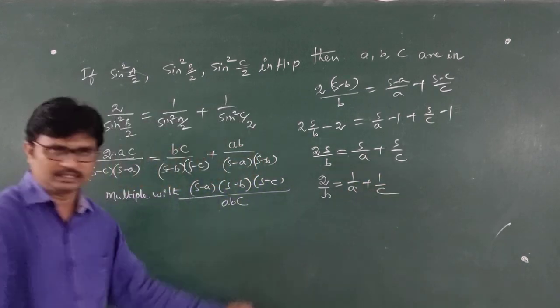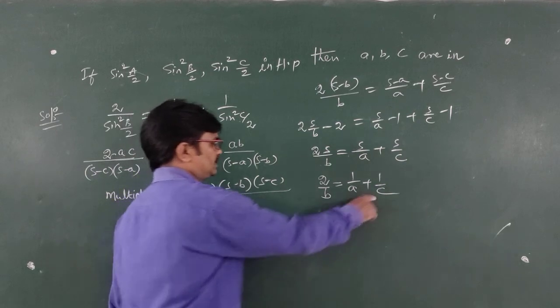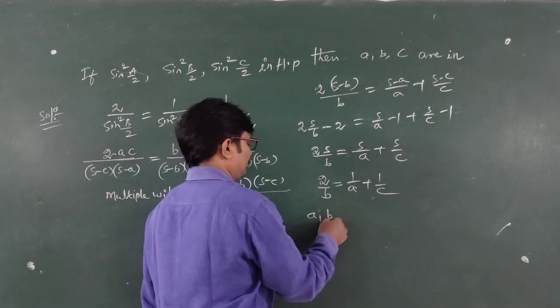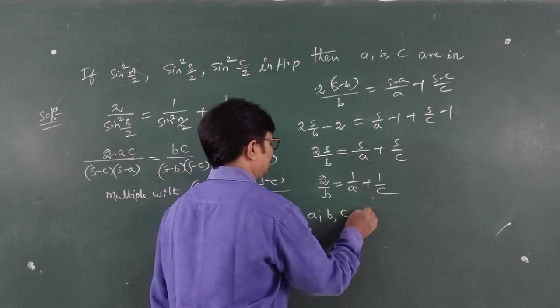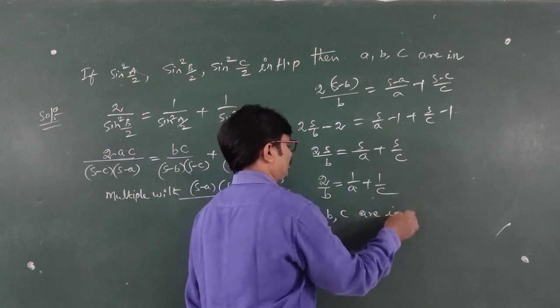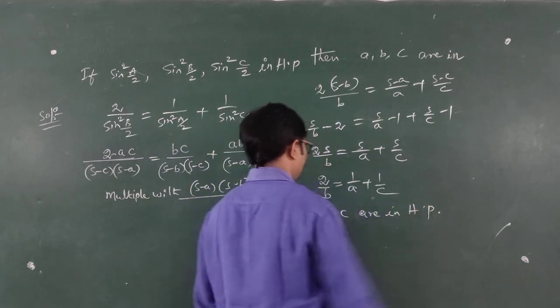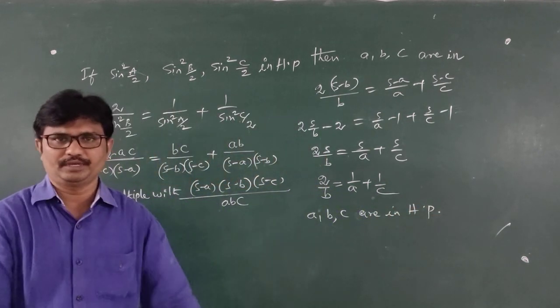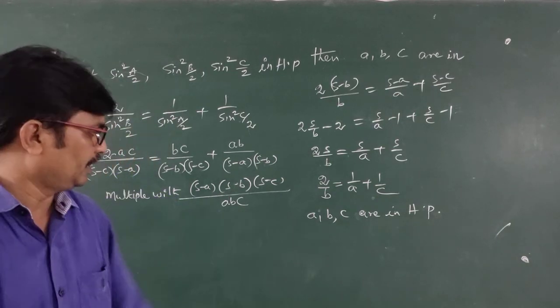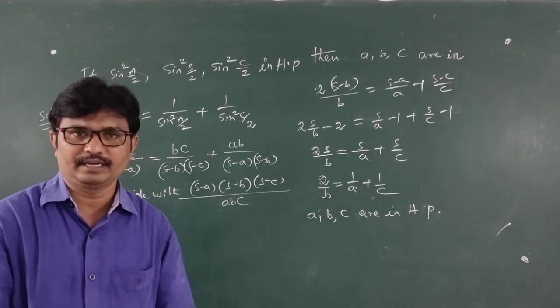Therefore a, b, c are in harmonic progression. Is it clear? Write down: a, b, c are in HP.